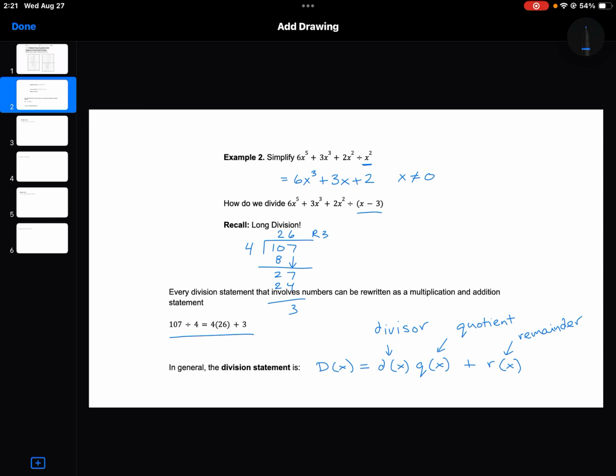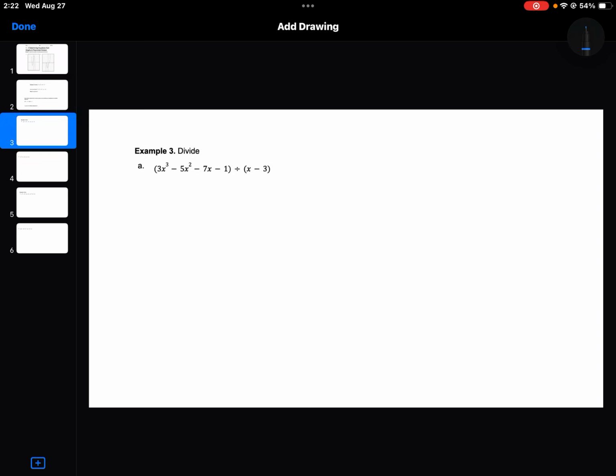So we've got time to do in the video one example of this using numbers and letters instead of just numbers. When we're dividing, we're going to set up our long division bracket the exact same way. I'm going to put my terms from my question underneath the brackets here.